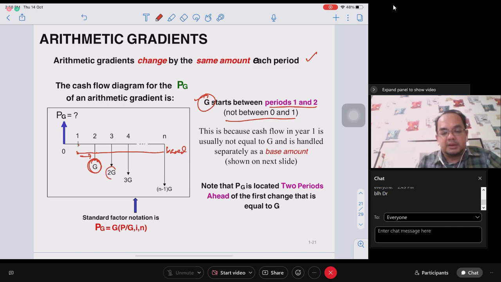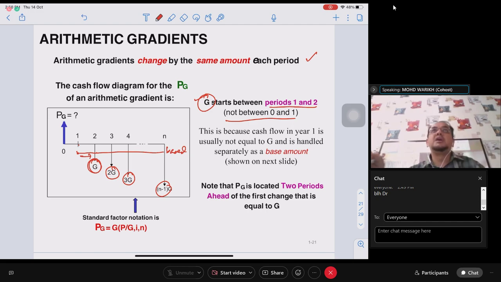Then they give a uniform gradient, uniform extra. For example, every year they add 50 ringgit. Year 1 is 50 ringgit, year 2 is 100 ringgit, year 3 is 150 ringgit, year 4 is 200 ringgit. So the gradient itself is 50 ringgit.